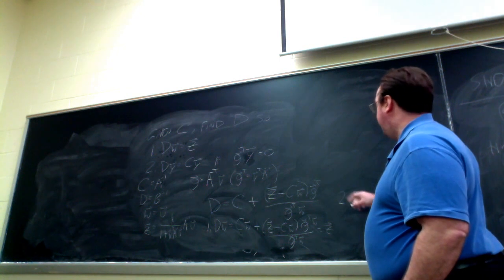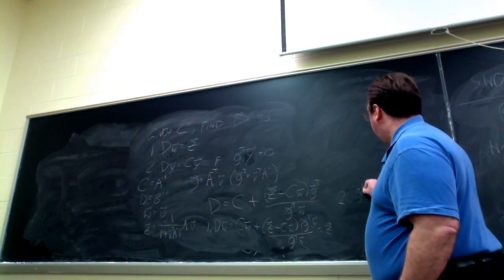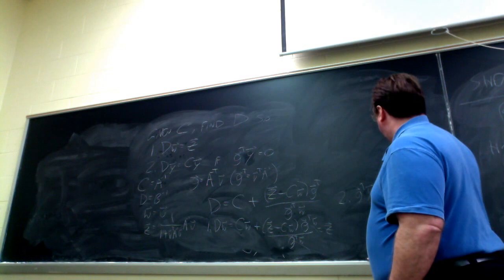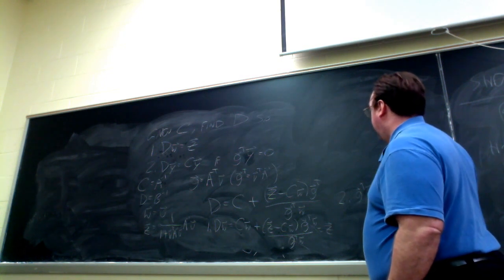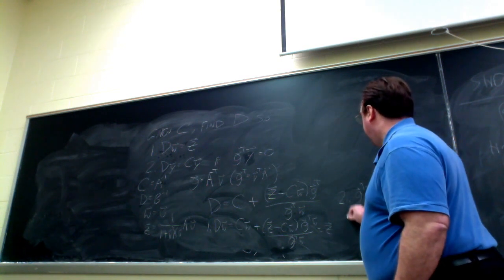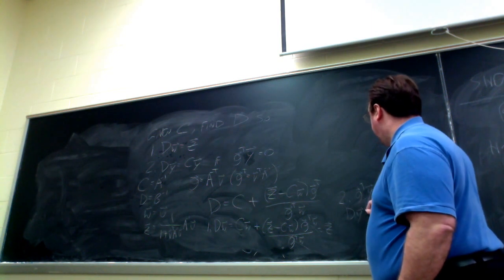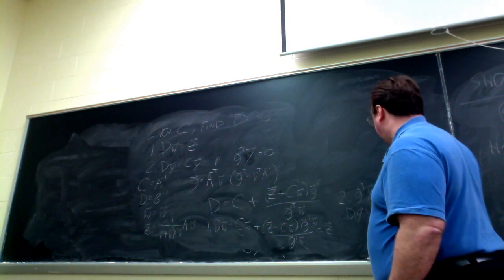And then for the other property, dy is equal to cy, so if G transpose y is equal to 0, then dy is equal to cy, which is what we want.